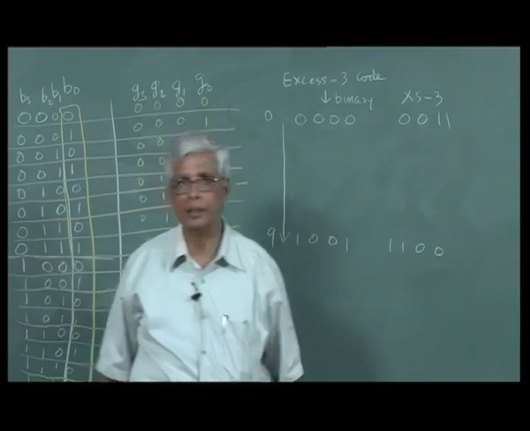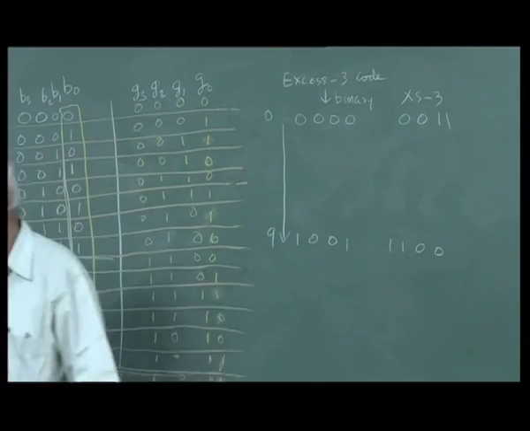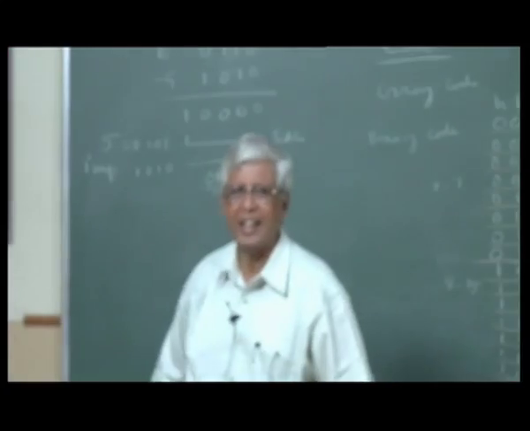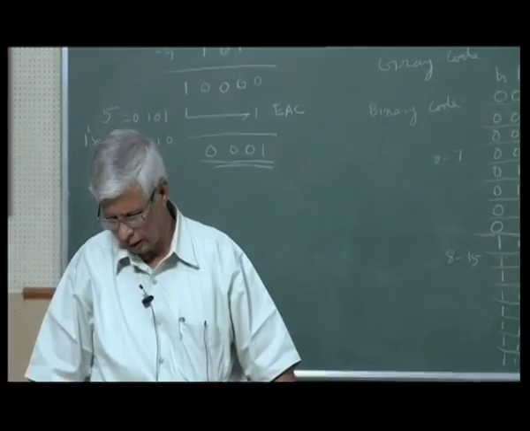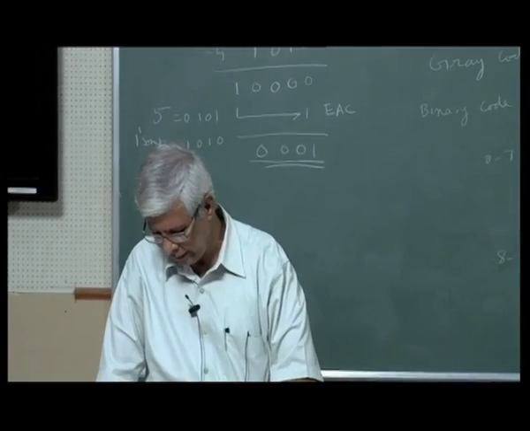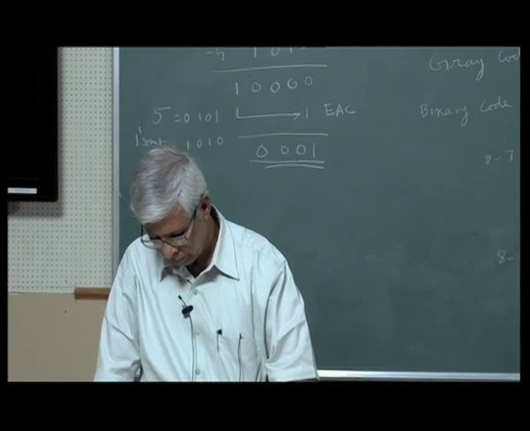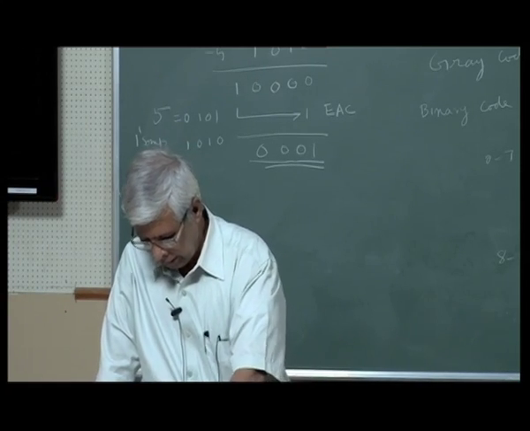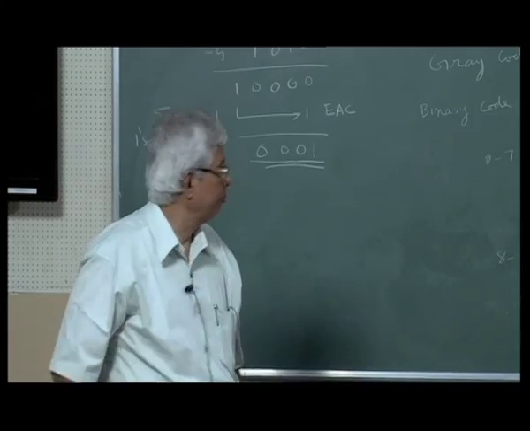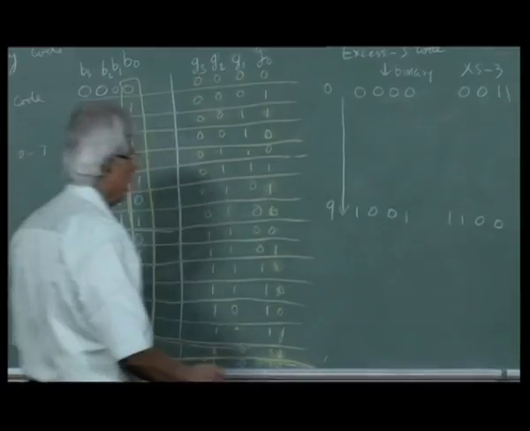Again, what is the advantage? The advantage is very simple. Actually, now we don't need that. In olden days they used it. When you have a number, it's called a self-complementing code. Excess-3 is called a self-complementing code.